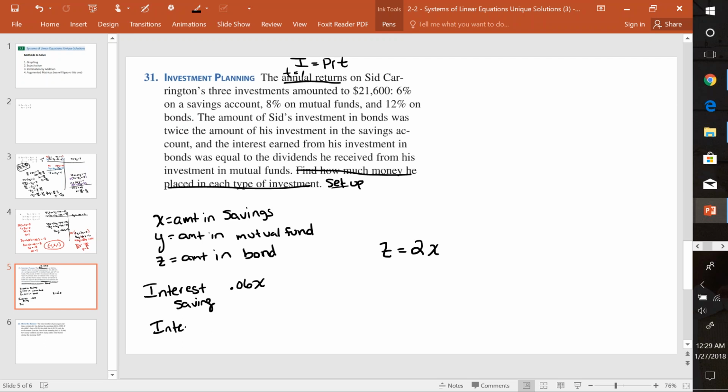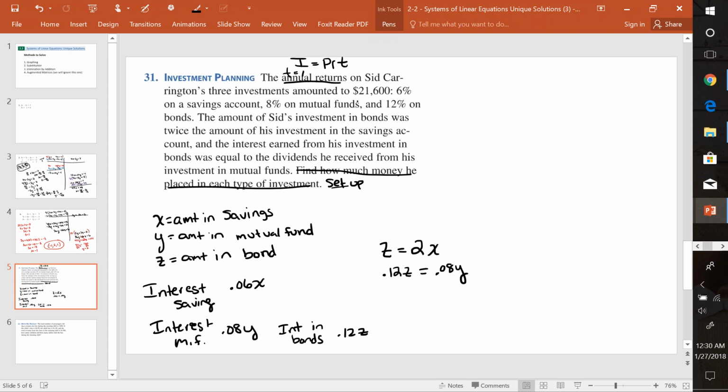His interest in mutual funds is 0.08y. And his interest in the bonds is 0.12z, so 12%. So this is saying his interest earned from his investments in bonds was equal to the dividends, which is also interest from mutual funds. So his interest in bonds, 0.12z, equals his interest in the mutual funds, which is 0.08y.